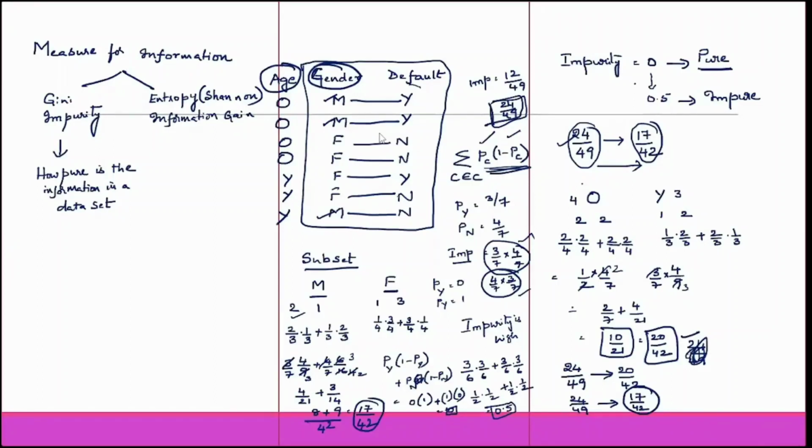Now, similarly, what will happen? So this is one way, which is called Gini impurity. I'll finish off the Gini impurity itself.